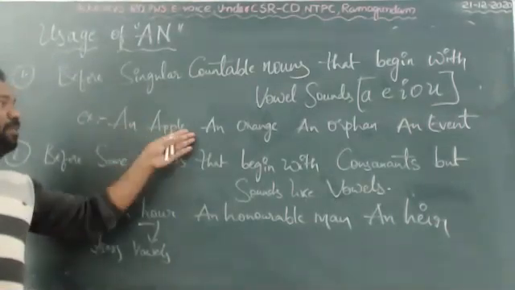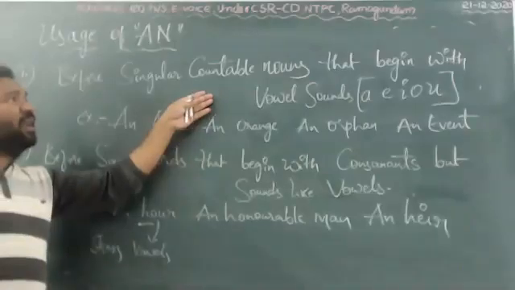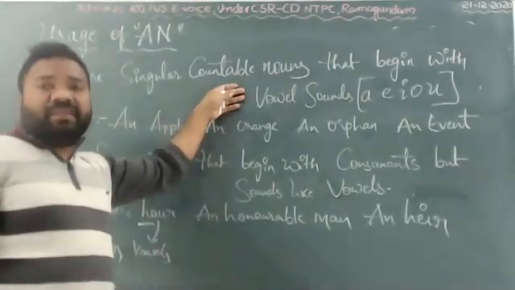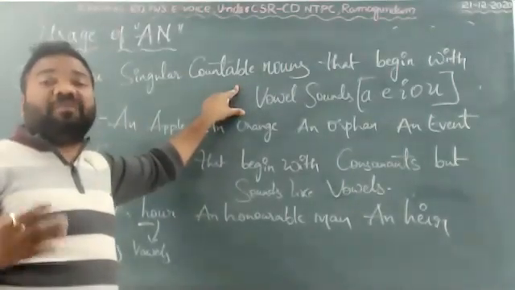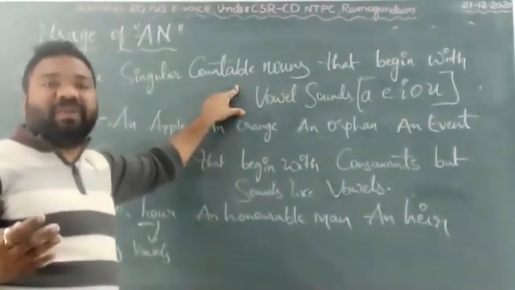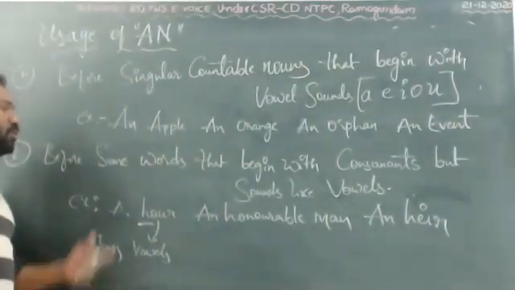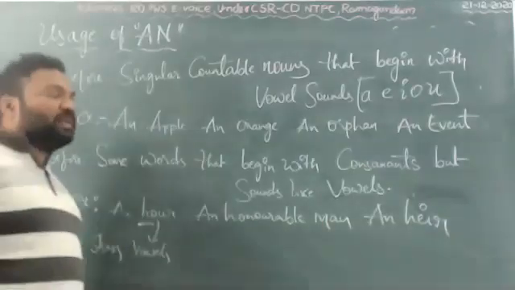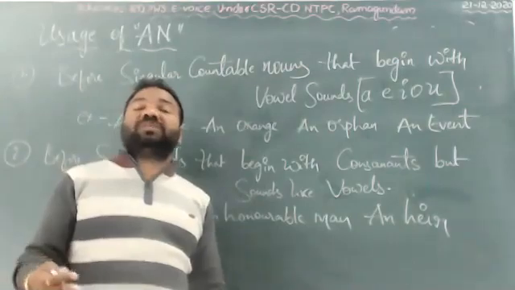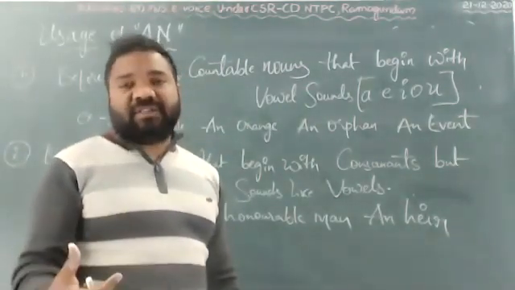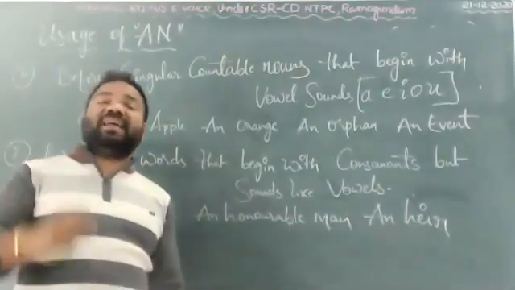'An' is used before singular countable nouns that begin with vowel sounds. Okay? With vowel sounds, not vowel letters. Vowel sounds. So here in the second case, 'an' is sometimes used before some words that start with consonants but sound like vowels.